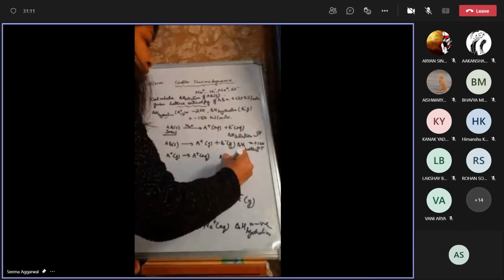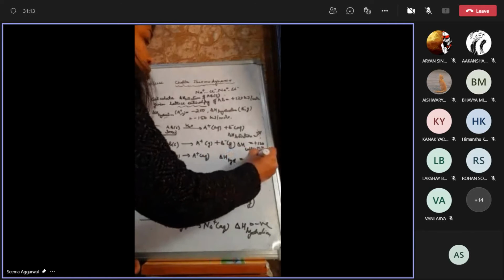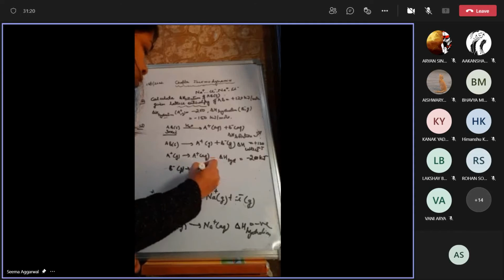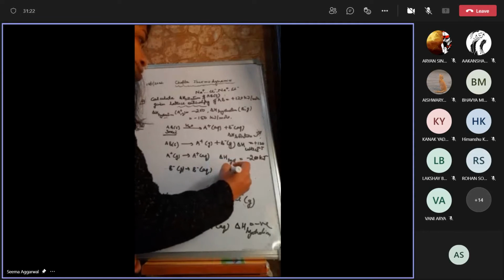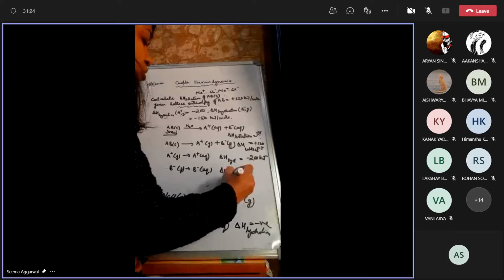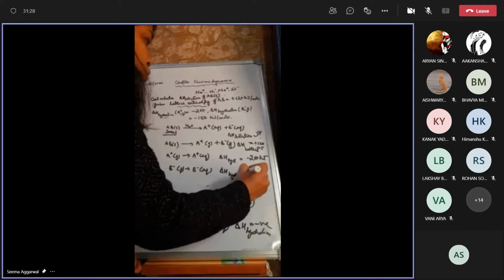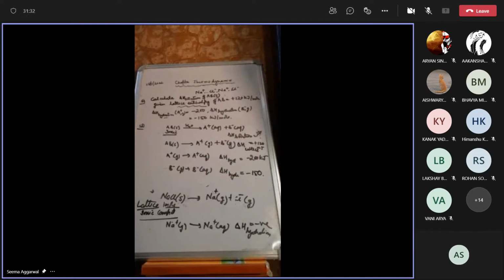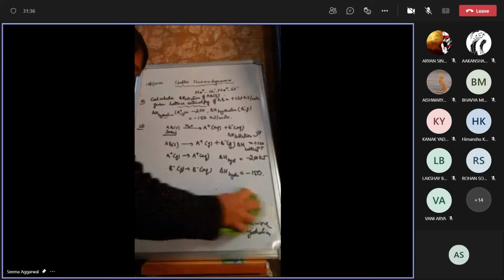So for this, the delta H hydration is equal to minus 200 kilojoules. And in the second case, B minus gaseous is converted into B minus aqueous, so delta H hydration is equal to minus 150. These two chapters, equilibrium and thermodynamics, are very important from the competition point of view also.